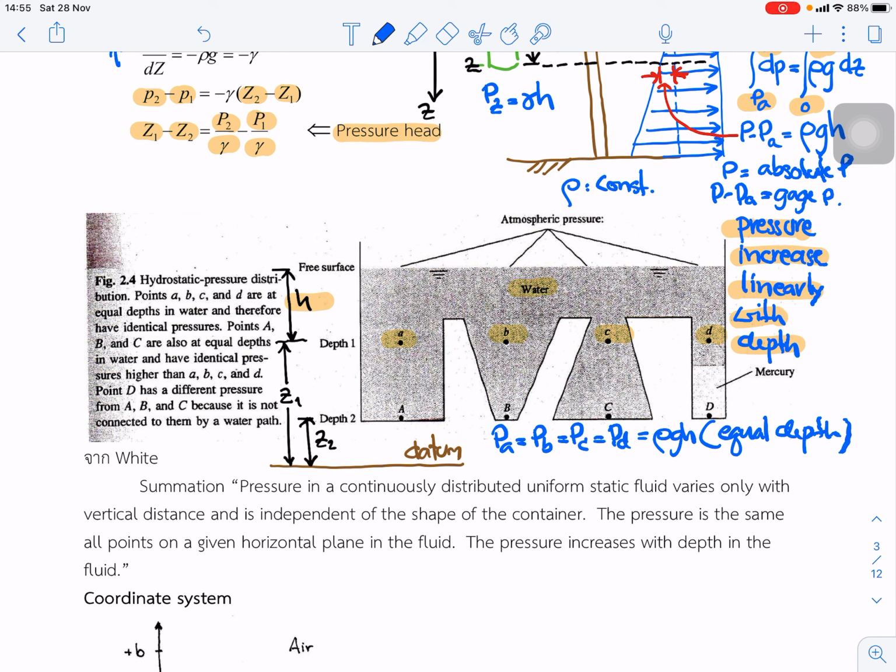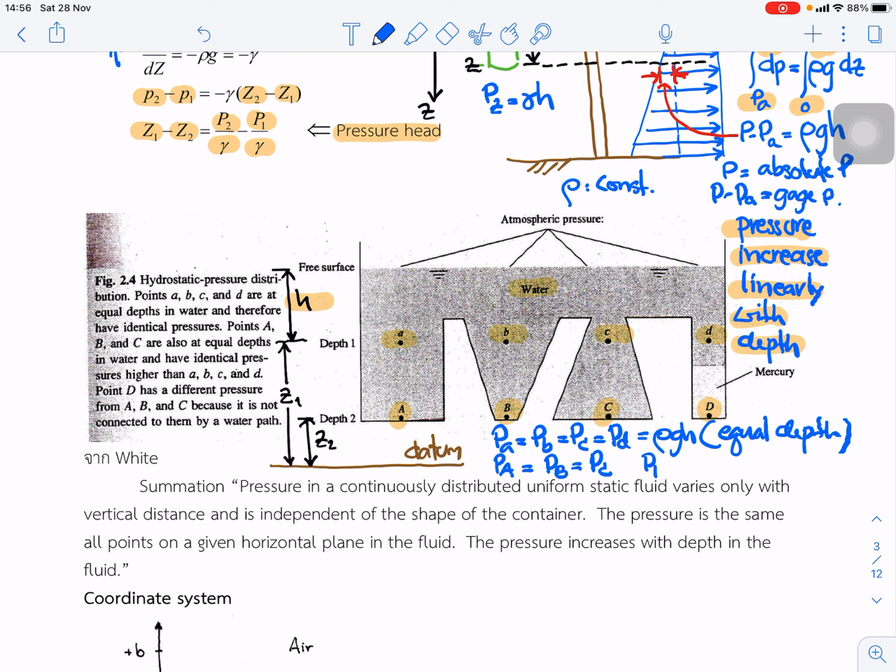And for points capital A, capital B, capital C, capital D, we say that PA is equal to PB and equal to PC.